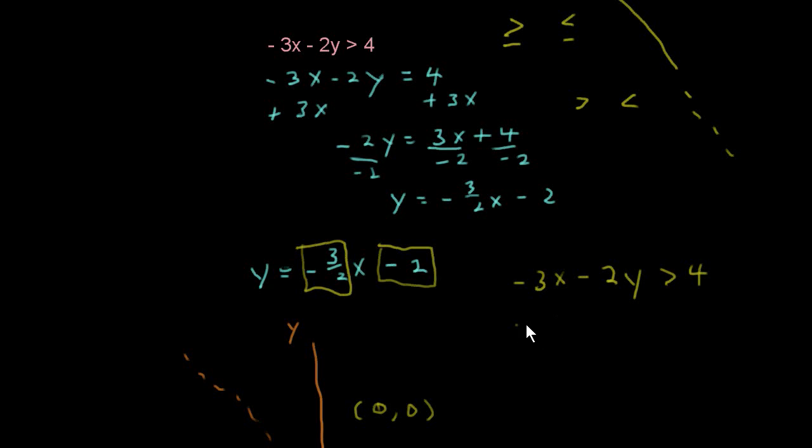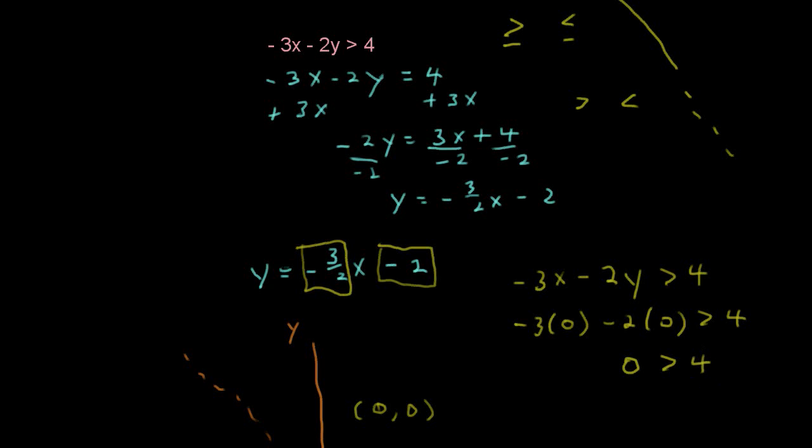We get -3 times 0 is 0, minus 2 times 0, that's also 0. 0 is greater than 4. Is 0 greater than 4?